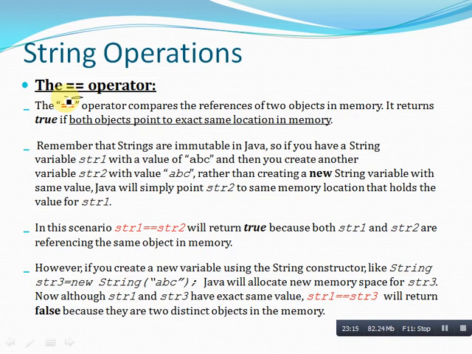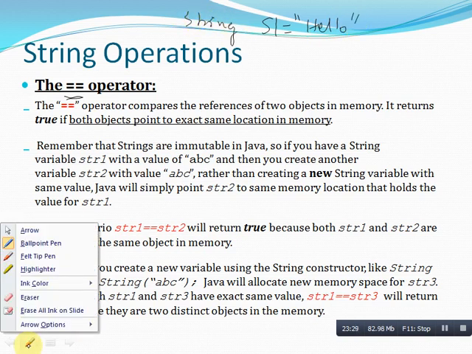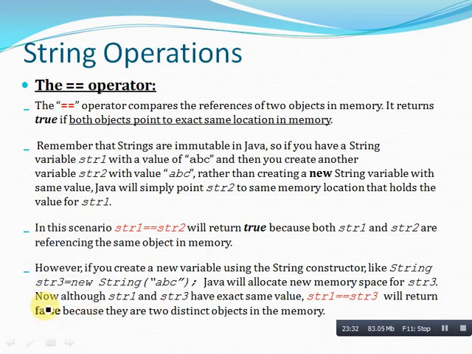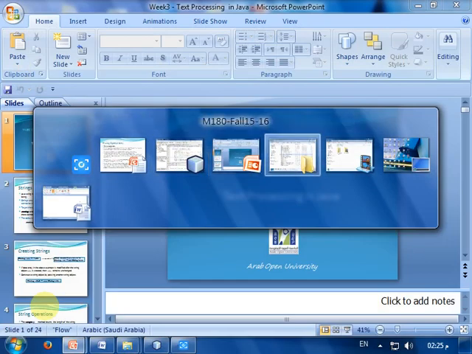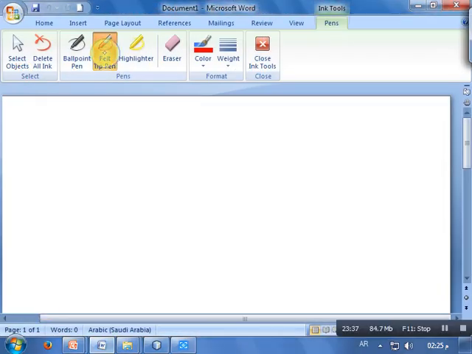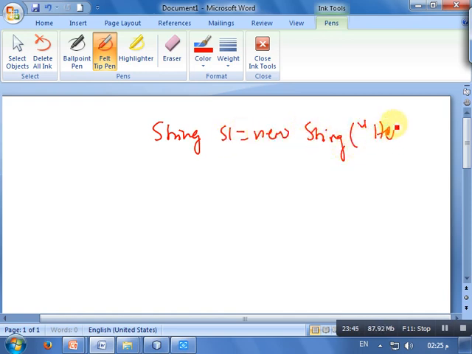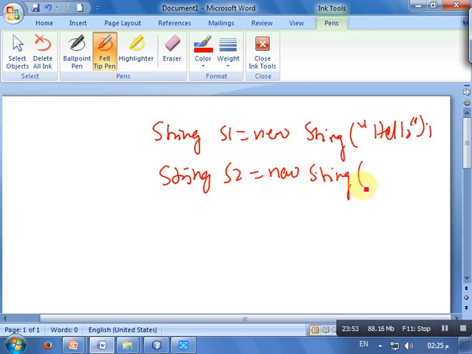For example, you have created a string S1 is equal to new String of hello, and you have created another string S2 is equal to new String of hello.